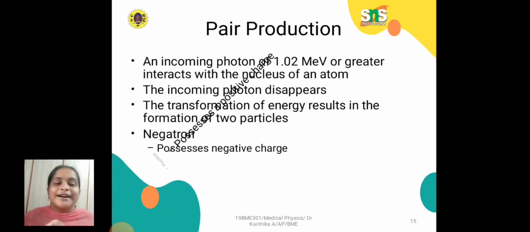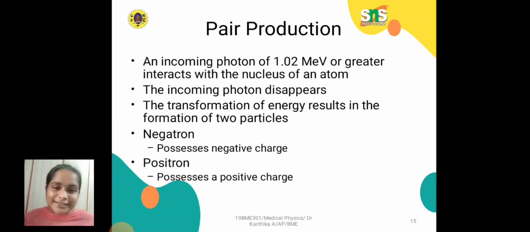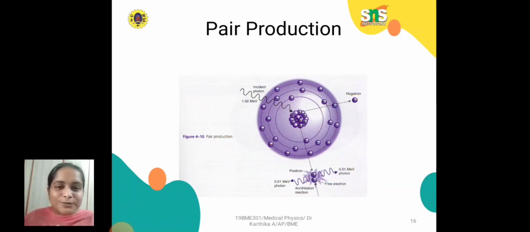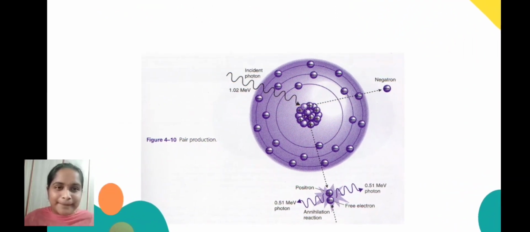The first one is the negatron, the second one is the positron. The negatron possesses negative charge, and the positron possesses positive charge. See this pair production example, how the incident photon gives negatron and positron.